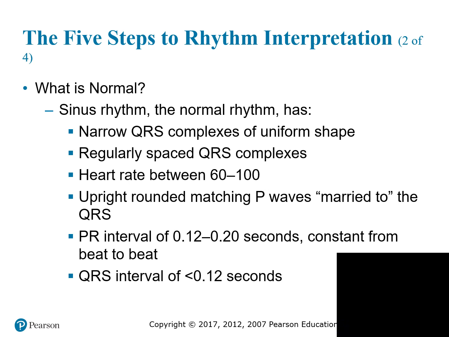Your PR interval will be anywhere between 0.12 to 0.20 seconds, and it's consistent throughout every beat, meaning you can take your PR interval at the beginning, the middle, or the end, and they'll all be the same because they're consistent. Same goes for your QRS. Your QRS interval has to be less than or equal to 0.12 seconds.